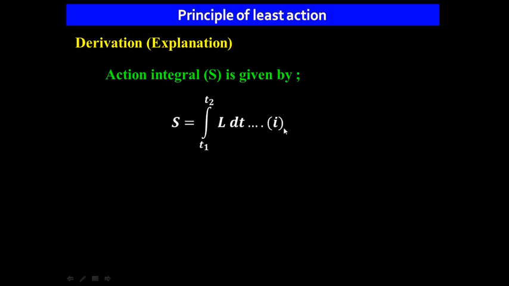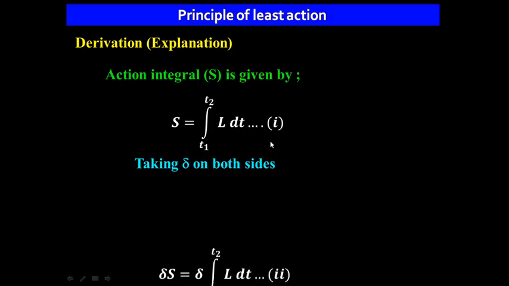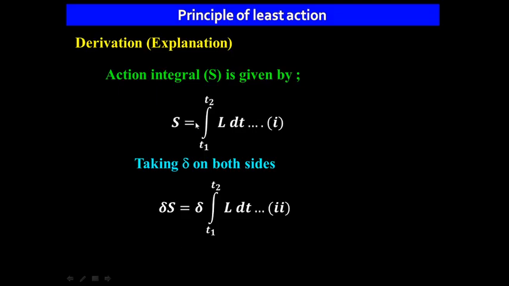Suppose this is equation number 1, and we take delta on both sides. After taking delta on both sides, delta S is equal to delta of the integral from T1 to T2 of L dt. Suppose this is equation number 2.